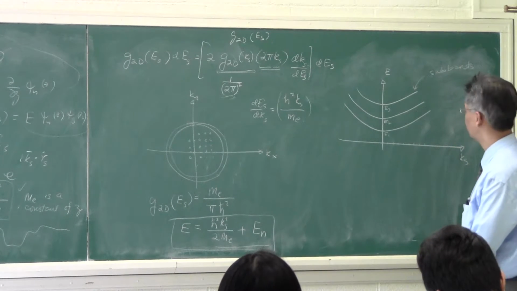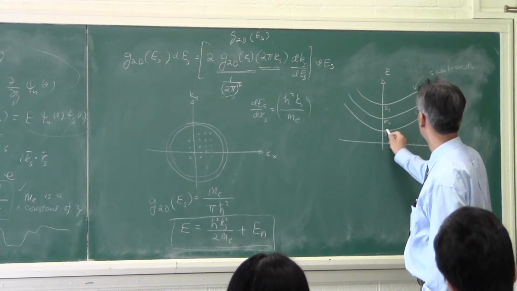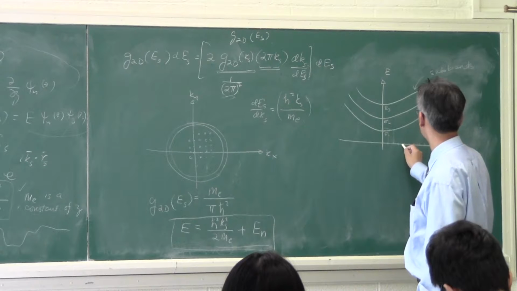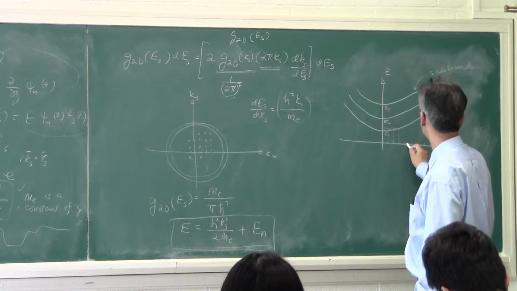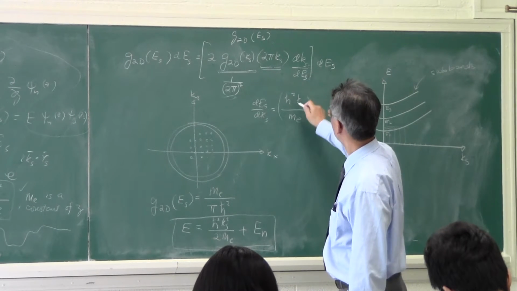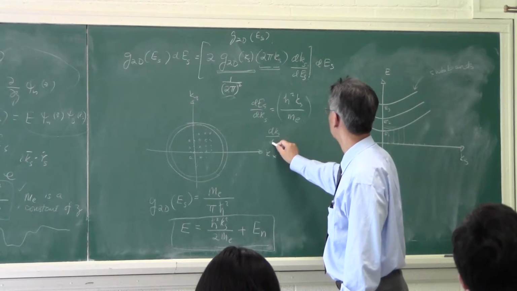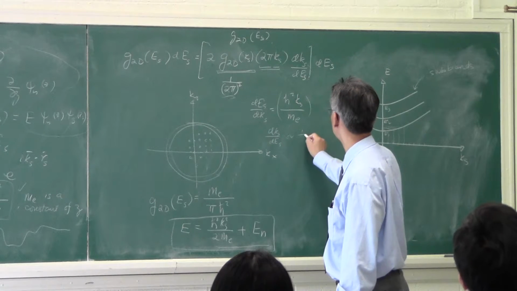It was a constant. But then I have to change that density of states to the E space. I will have to do this mapping. When I do that mapping, I have this thing that the Ks, the E is proportional to 1 over Ks.